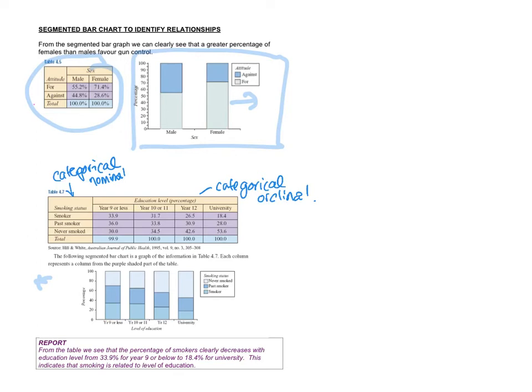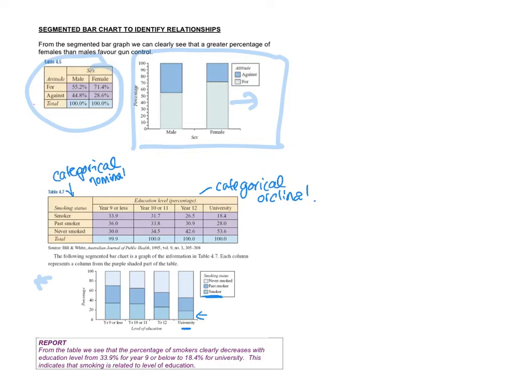Okay, so if you have a look, there's all the table. If I had to write a report on that, see how your education level is university, and if you look down here, the university, if you're a smoker, is that blue colour on the bottom. So see how the higher your education went, the fewer there were of smokers, yeah? People who smoked.